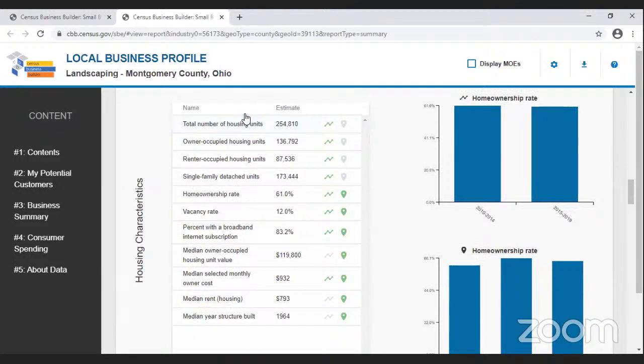This is a lot of stuff that I would look at if I was doing something with a landscaping business. I'd want to know owner occupied units, maybe vacancy, maybe if I've got an internet presence, I would want to look at how many of those households have a broadband subscription, internet subscription.